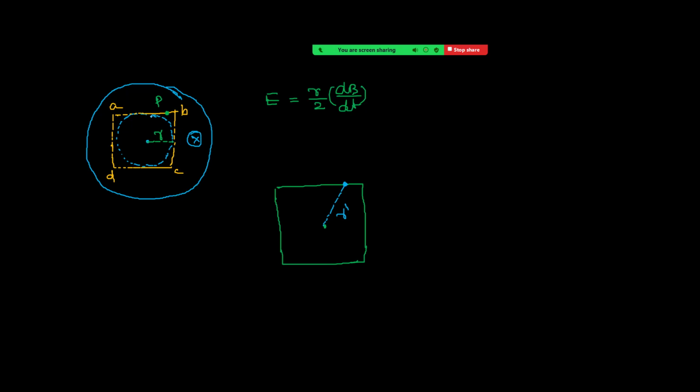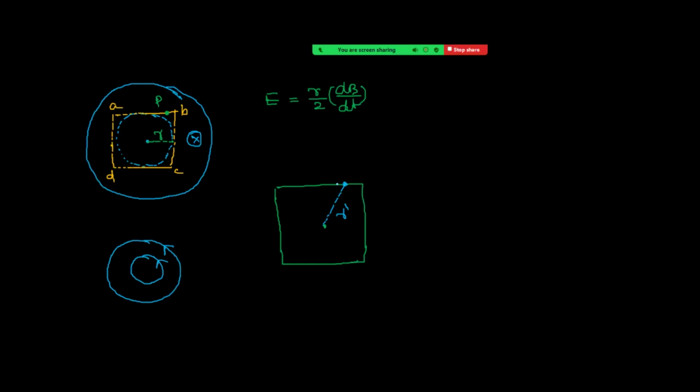That's why I am keeping the thumb of the right hand outwards, towards us, with curled fingers. The current must be anti-clockwise. That means the electric field lines must be concentric circles, with direction like this.